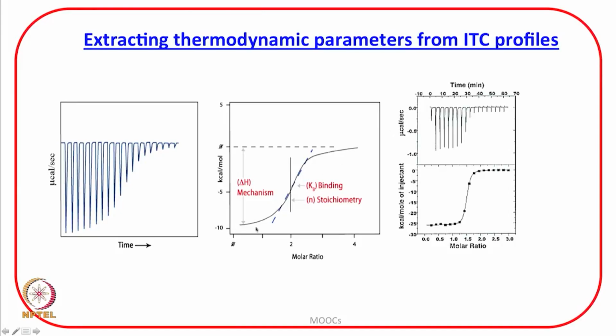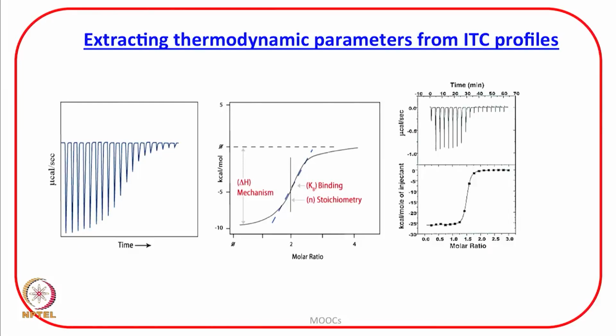And then if I assume this solid line to be the best fit to the experimental data points, this difference corresponds to delta H. Of course, delta H depends upon the mechanism of the reaction and the slope reflects on the value of the binding constant or the magnitude of the binding constant. And the stoichiometry N, which is the number of binding sites on protein available for the incoming ligand molecule.